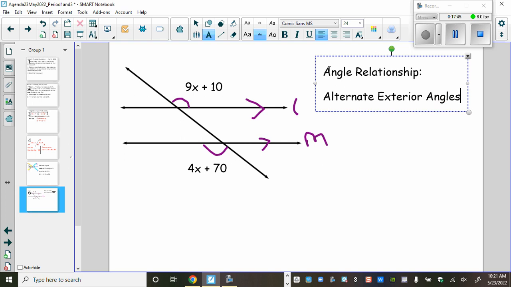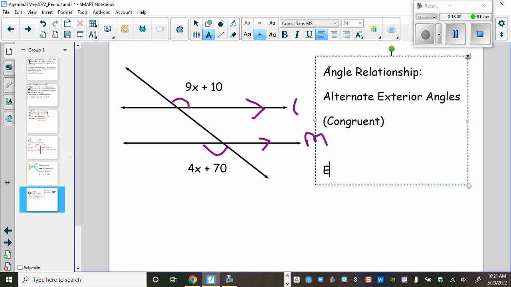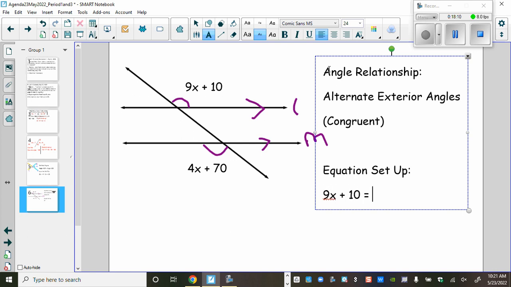And then what do we know about the relationship of the alternate exterior angles? Yep, they're congruent. So then your equation setup is the following: 9x plus 10 equals 4x plus 70.